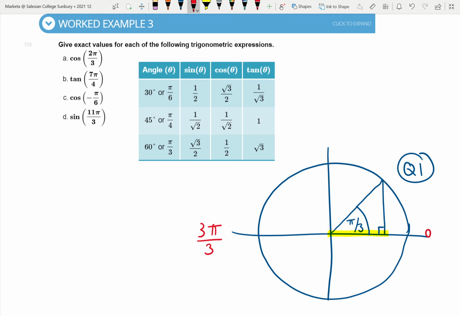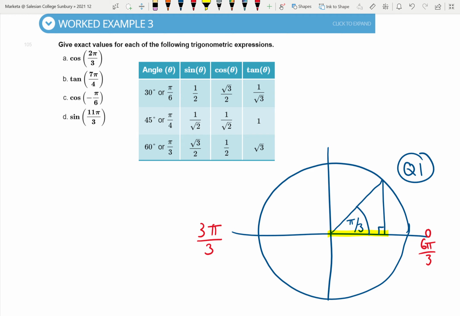So you don't have to, but it's quite convenient to work with the fractions with the same denominator. And then, of course, if I go all the way around the circle, I'm going to get to 2 pi. And 2 pi would be 6 pi on 3. So I'm going to write 6 pi on 3. So 0, 3 pi on 3, and 6 pi on 3 all the way around the circle. We'll get rid of that.